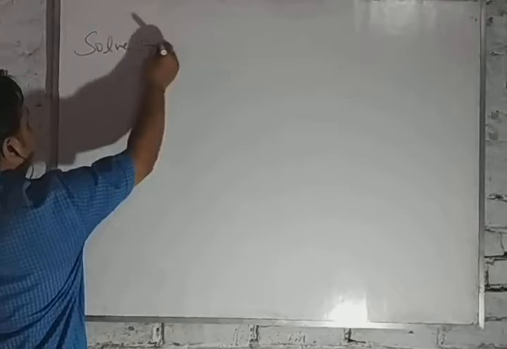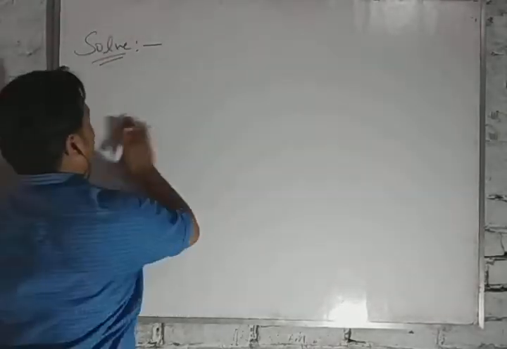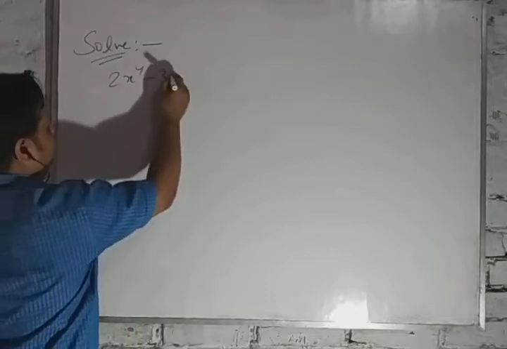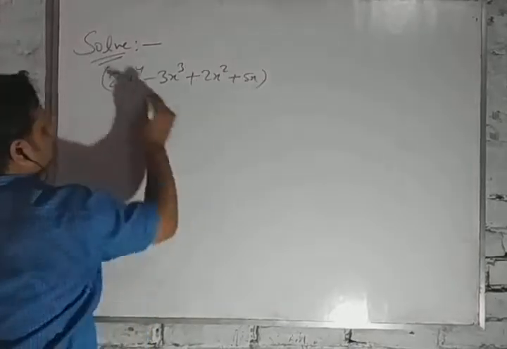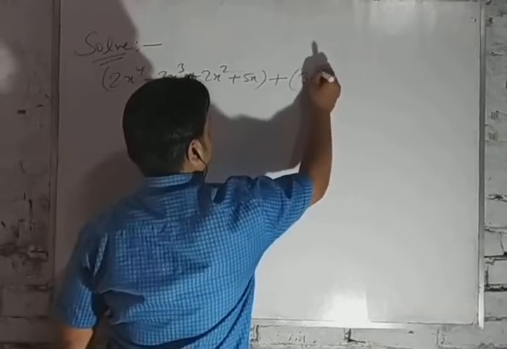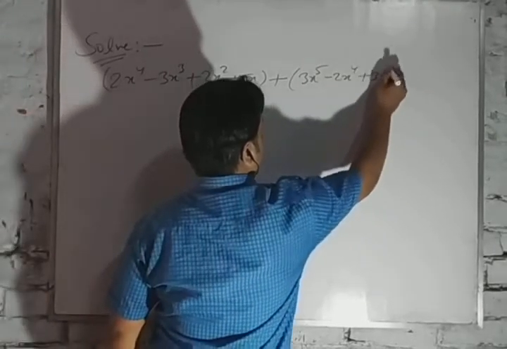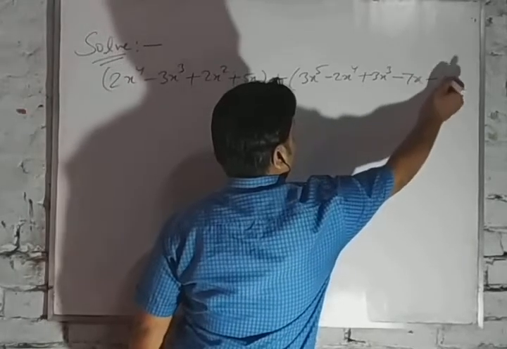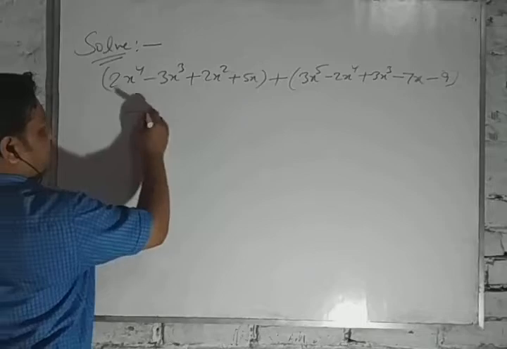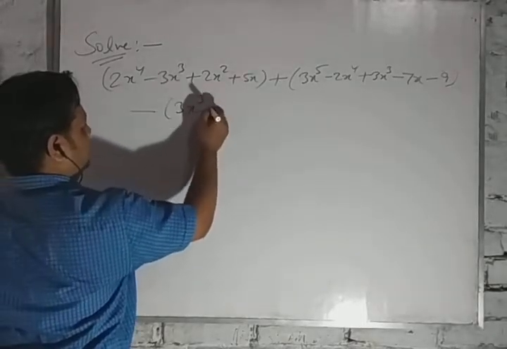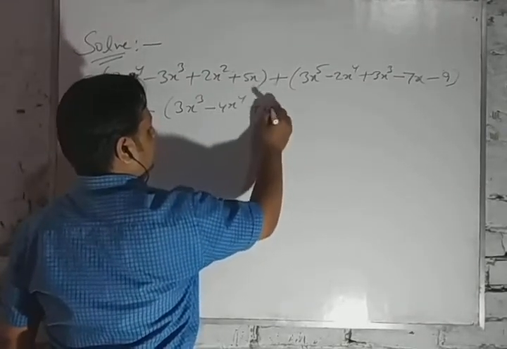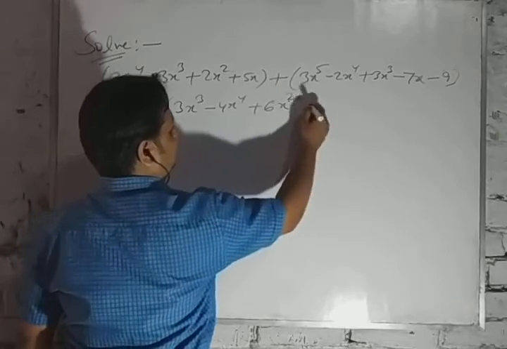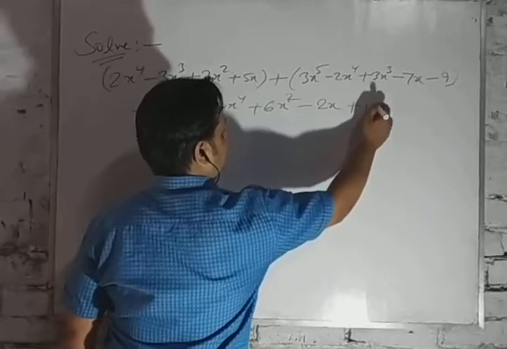Now let's see, if the question is to solve: 2x to the power 4 minus 3x cube plus 2x square plus 5x, plus 3x to the power 5 minus 2x to the power 4 plus 3x cube minus 7x minus 9, then minus 3x cube minus 4x to the power 4 plus 6x cube plus 6x square minus 2x plus 10.